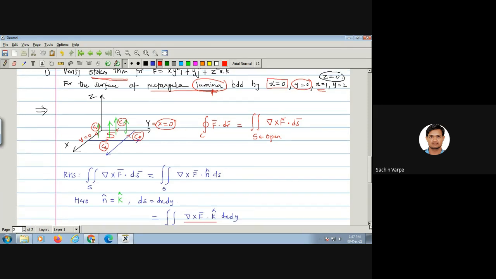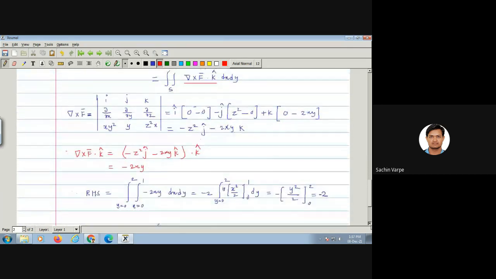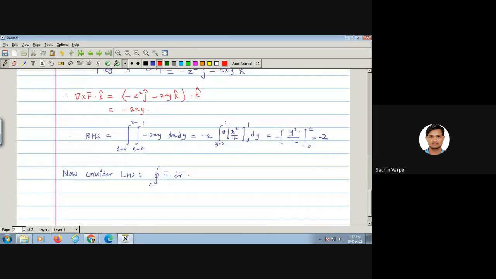So this line integral over the closed curve C will be the sum of 4 line integrals, that is integration along C1 of F bar dot dr bar, plus integration along C2 of F bar dot dr bar, plus integration along C3 of F bar dot dr bar, plus integration along C4 of F bar dot dr bar.